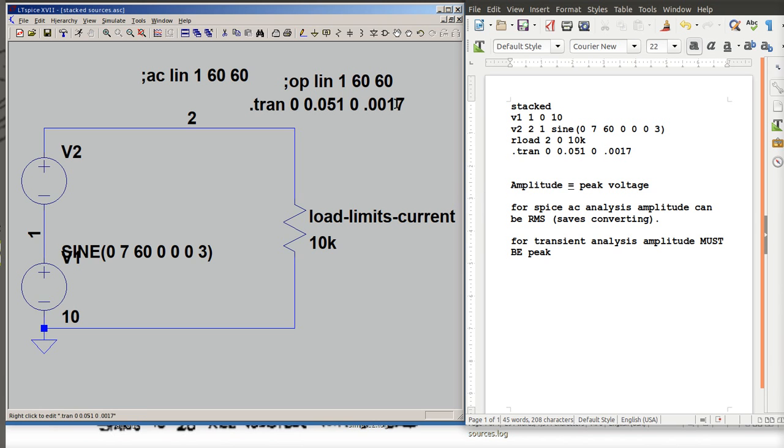So I'm going to sample 10 times for every cycle. So now I've got my transient analysis, I've got my DC, I've got my AC, and so now I can simulate and run it.